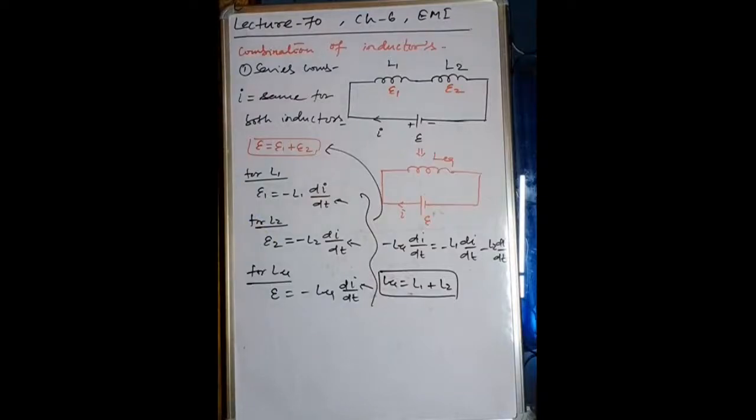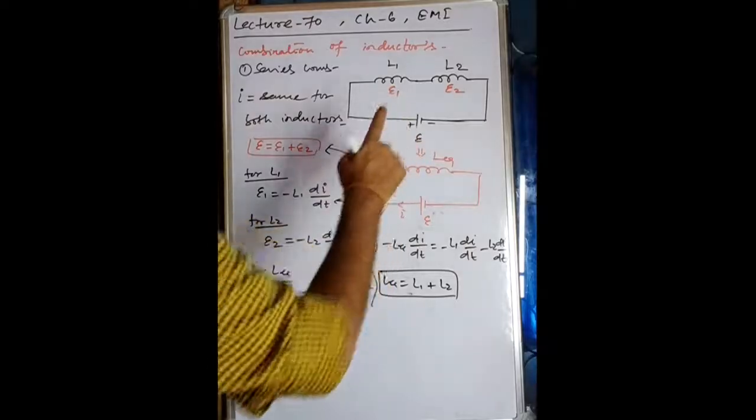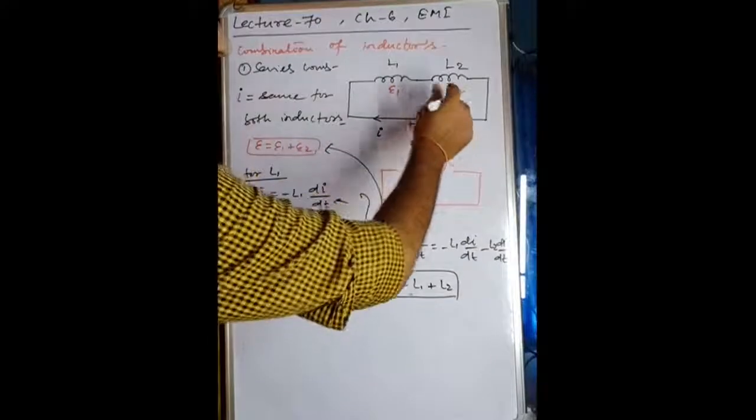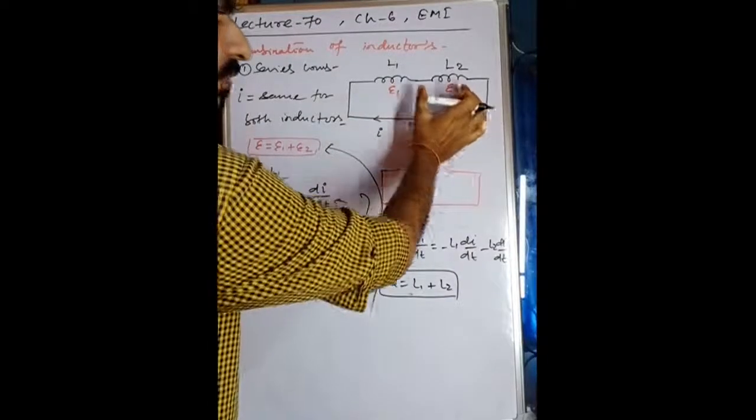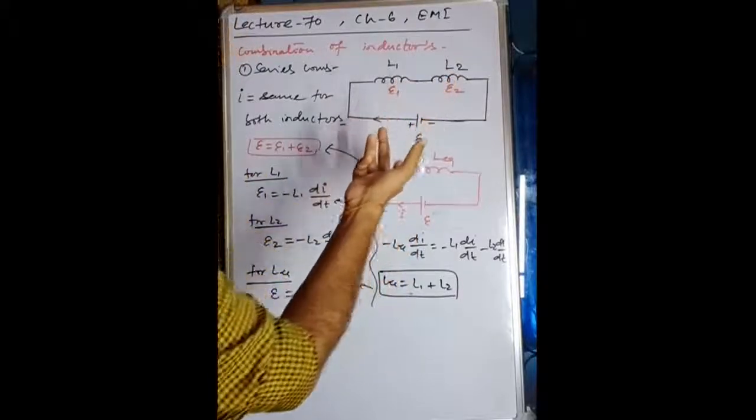Yes, if you have 2 henry and 3 henry connected, remember an inductor also has no positive and negative terminals. You can connect it any way; if you flip this inductor, there will be no change in the answer.